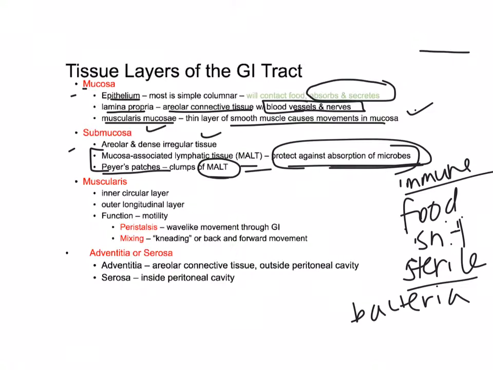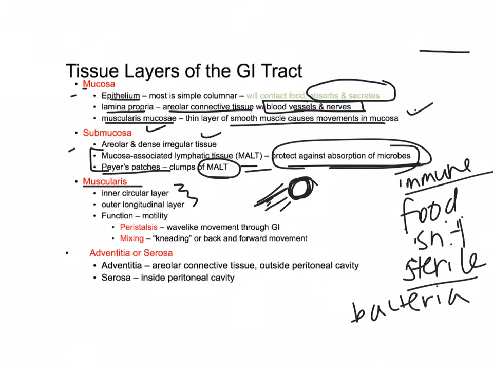Now, the muscularis: most of the time there are only 2 layers, an inner circular layer, which lines the hole, and then an outer longitudinal layer going this way. So we have muscles going in 2 directions. There are some exceptions to that, and we'll talk about those.